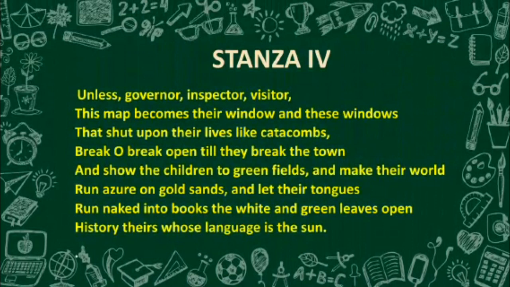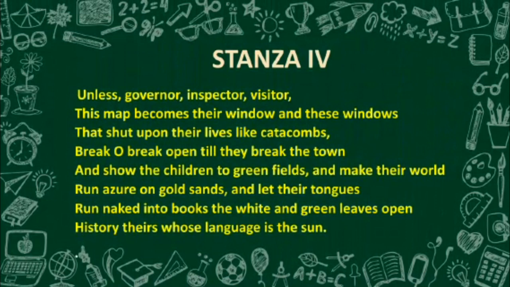The poet says that this world map that is hung on the wall of this classroom must become their world, and these windows show them the slum area in which presently they live, that slum area that shuts upon their lives like catacombs, that restricts their life.